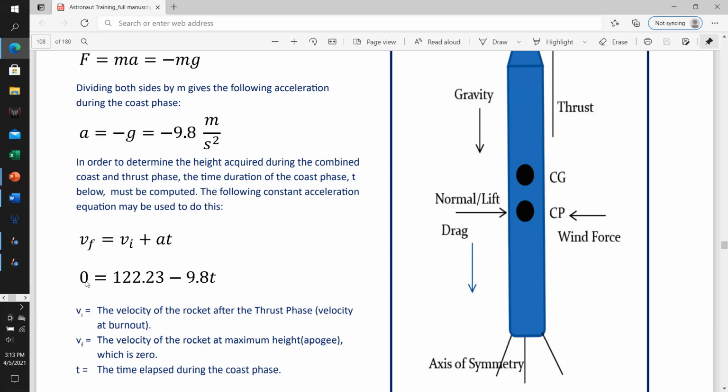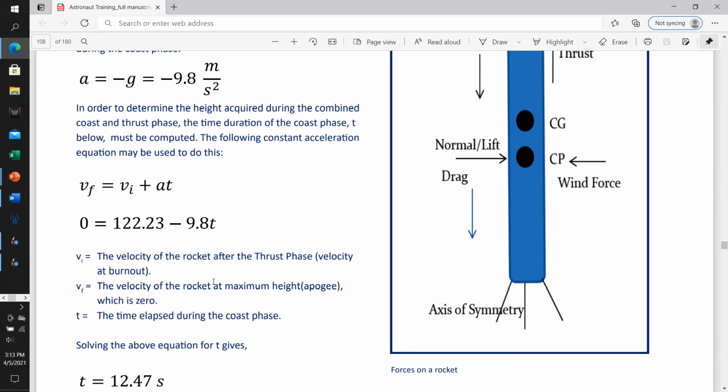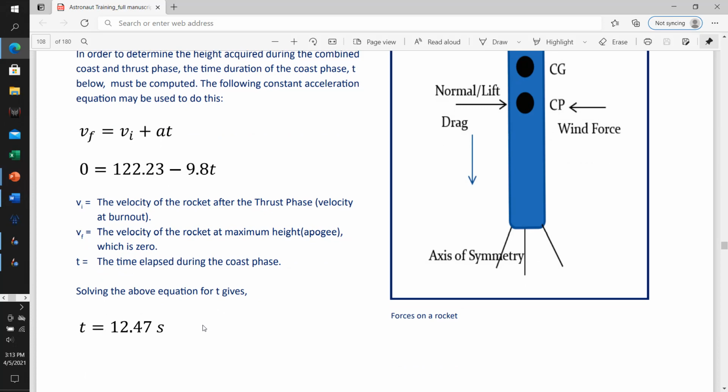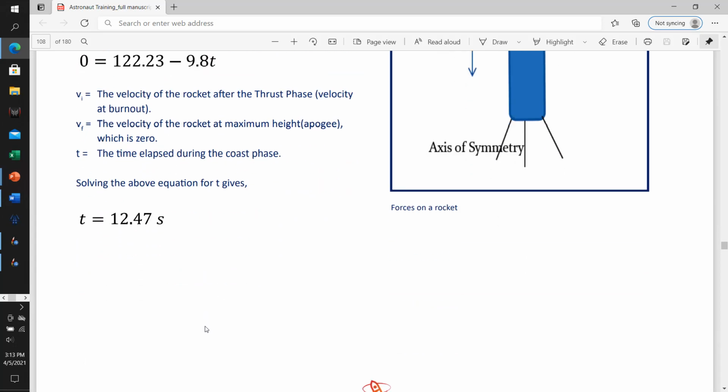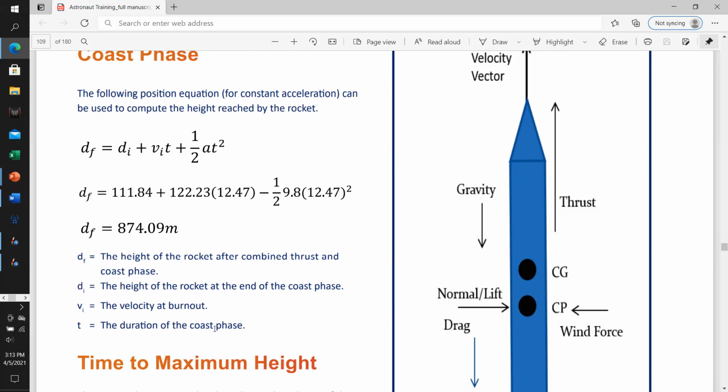V final, so that's going to be the velocity when it hits apogee. Okay, apogee just means the maximum height. This was the velocity at the end of the thrust phase. Okay, and then here's our acceleration due to gravity, minus 9.8 t. Okay, we're going to solve for t, and that gives us 12.47 seconds.